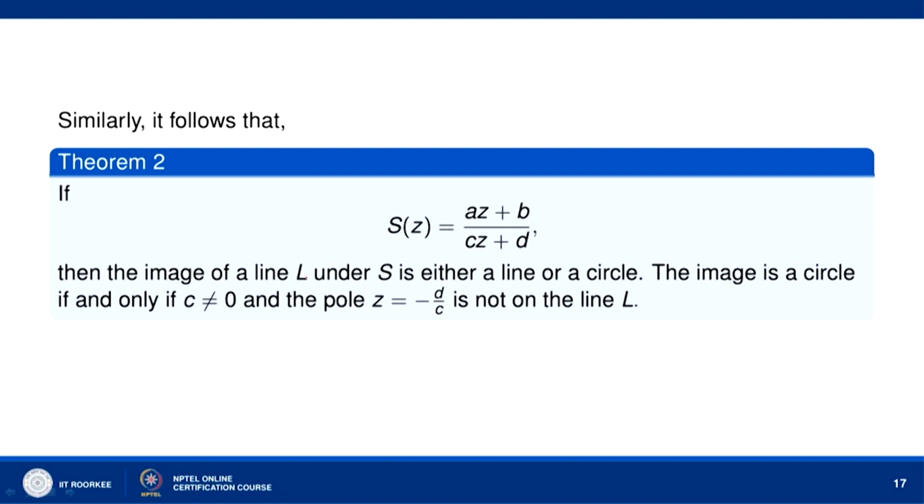So, if S(z) equal to (Az plus B) over (Cz plus D), then the image of a line L under S is either a line or a circle. Now, the image is a circle if and only if C is not equal to 0 and the pole z equal to minus D by C is not on the line L. Now, let us see how it happens.